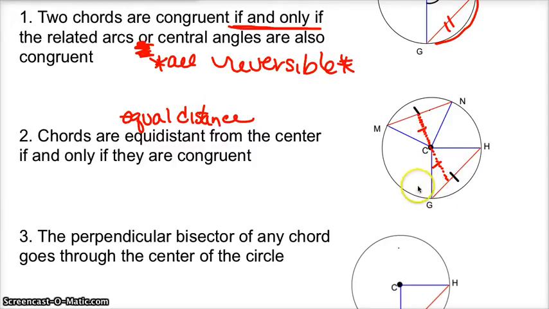If you think about it too, look at those blue lines. Those blue lines are the radius. So yeah, they'd have to be the same distance because the radii are all the same. So they're equidistant from the center.